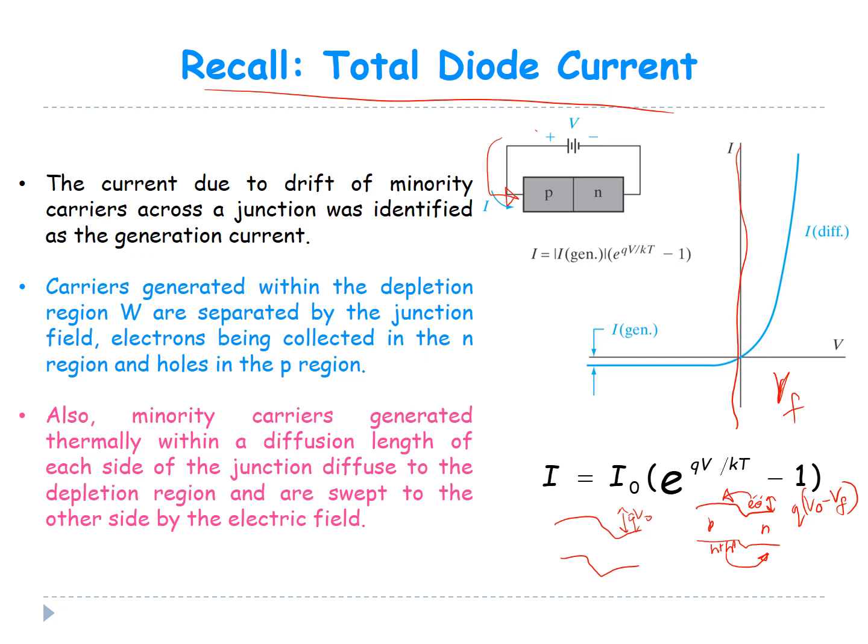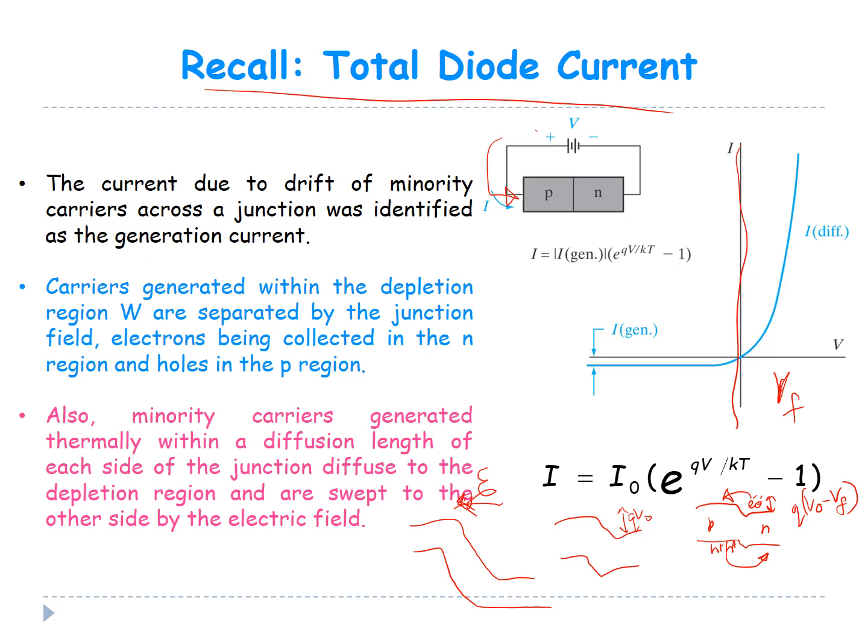But if we reverse bias, on the other hand, we increase the barrier. When we increase the barrier, diffusion of carriers is negligible, and we've got a very high electric field which runs from the N side to the P side, which is a built-in electric field.